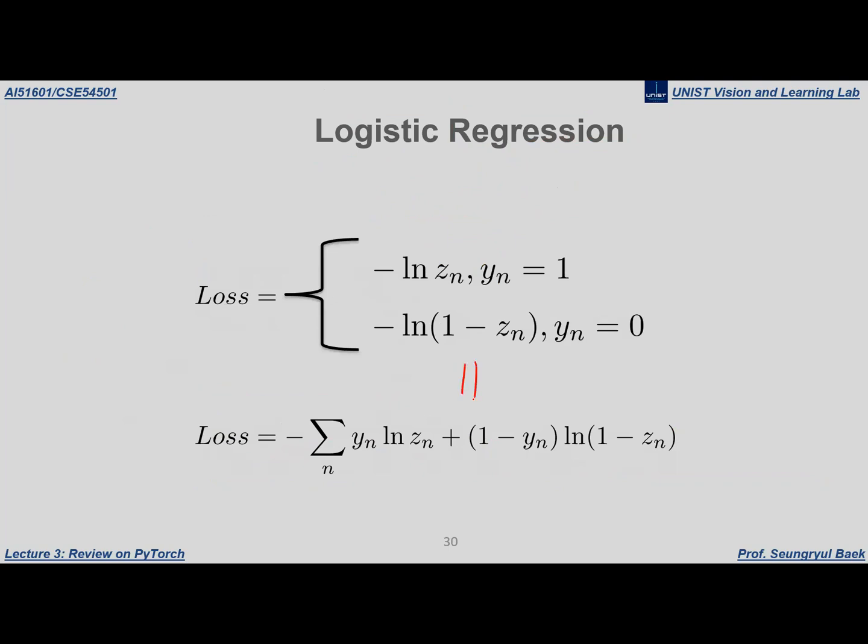And this is the binary cross entropy loss. People frequently say this as the BCE loss, which is used to train this logistic regression. Okay, and first you have to know that these two lines of the loss functions are the same, and they are all denoting the BCE loss.